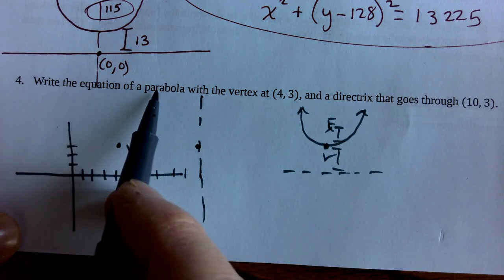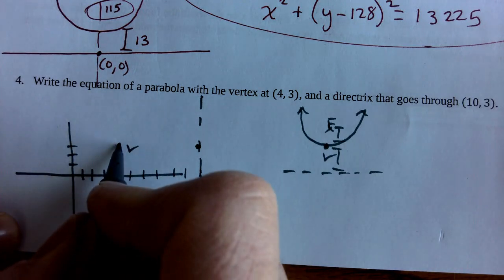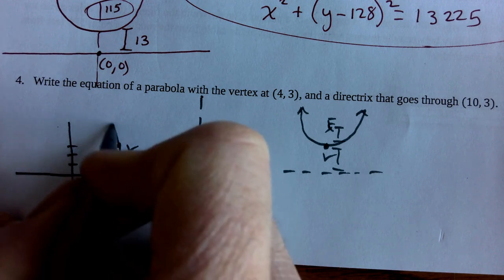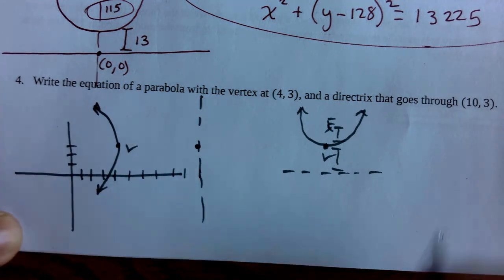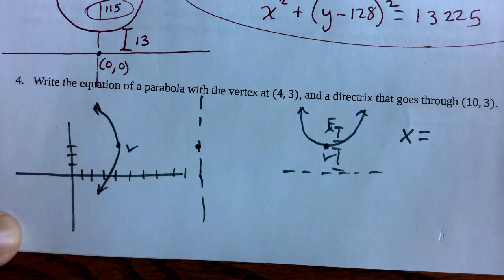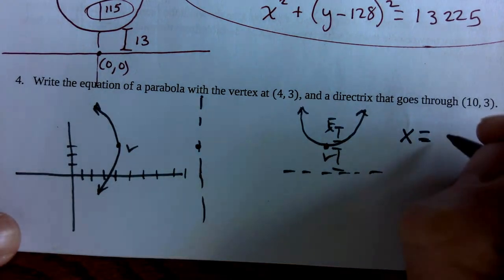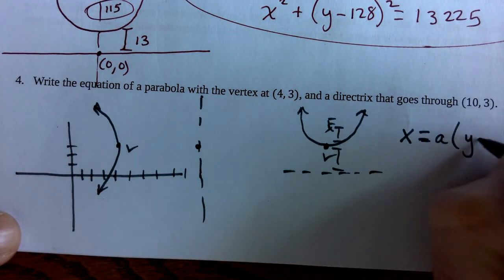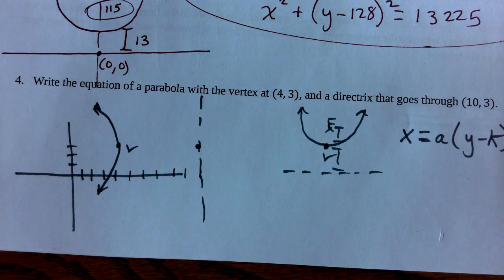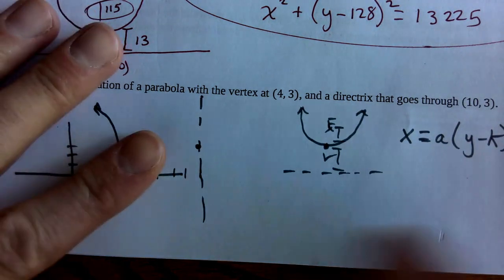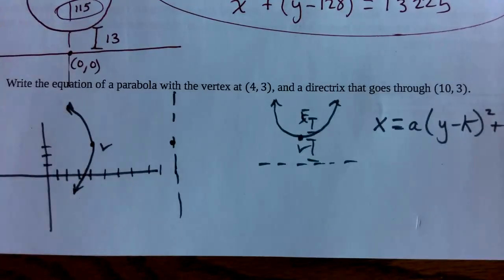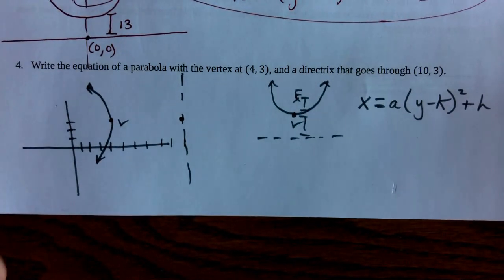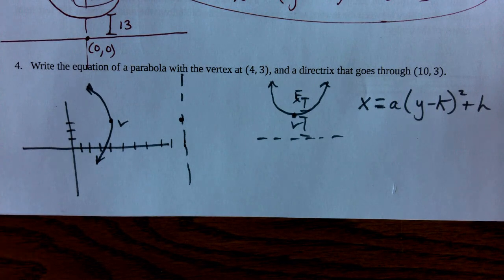So I want to write the equation of this parabola. I'm just going to tell you right now, it's going to go like this. We know it's going to be like that. So we are in the form x equals a times (y minus k) quantity squared plus h. Whoops, sorry, it's a little off screen there. But that is the general vertex form for that horizontal parabola.